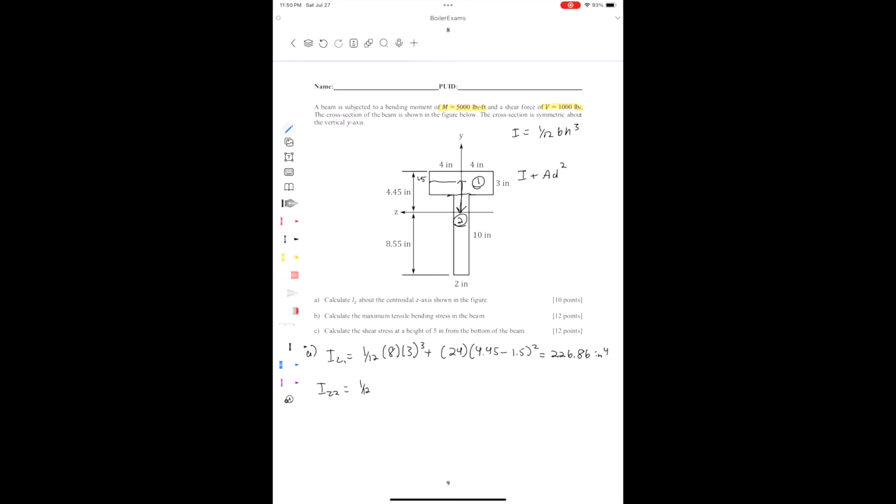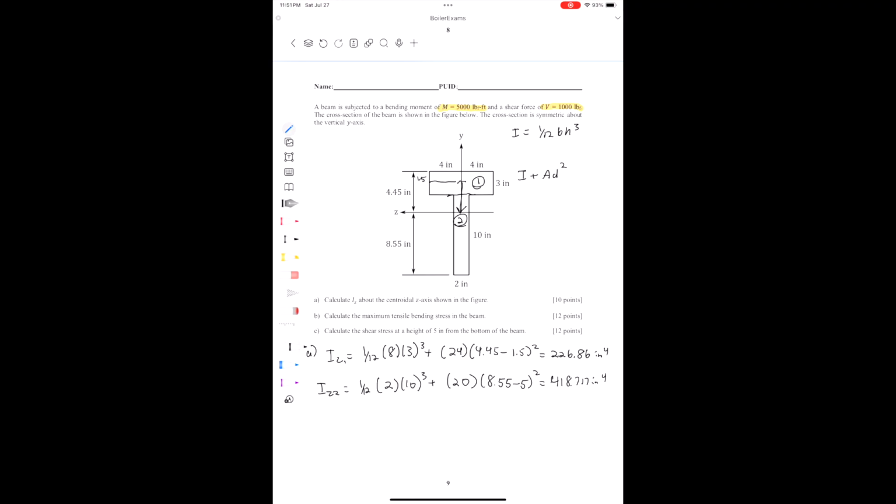For section 2, do the same process. And remember that in your BH cubed formula, the B is going to be with respect to the axis that is parallel to your centroidal axis, and then your height is going to be perpendicular to your axis you're taking your moment of inertia with respect to.